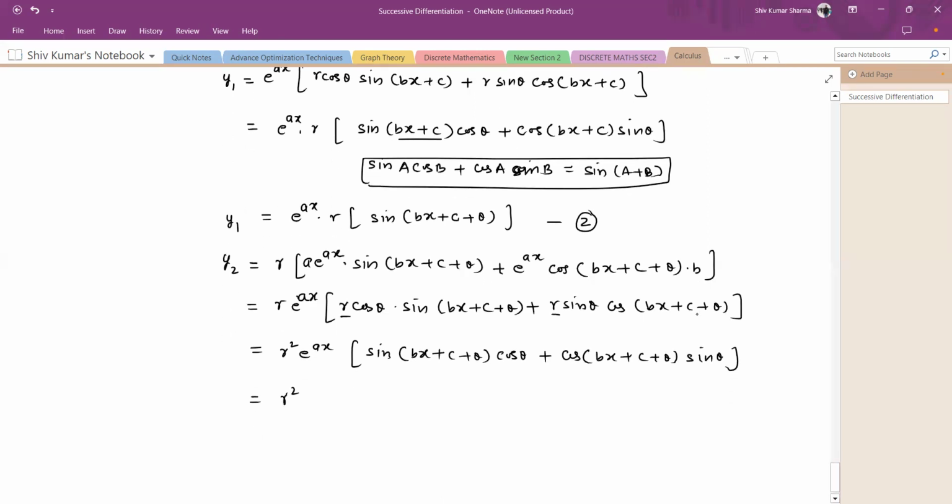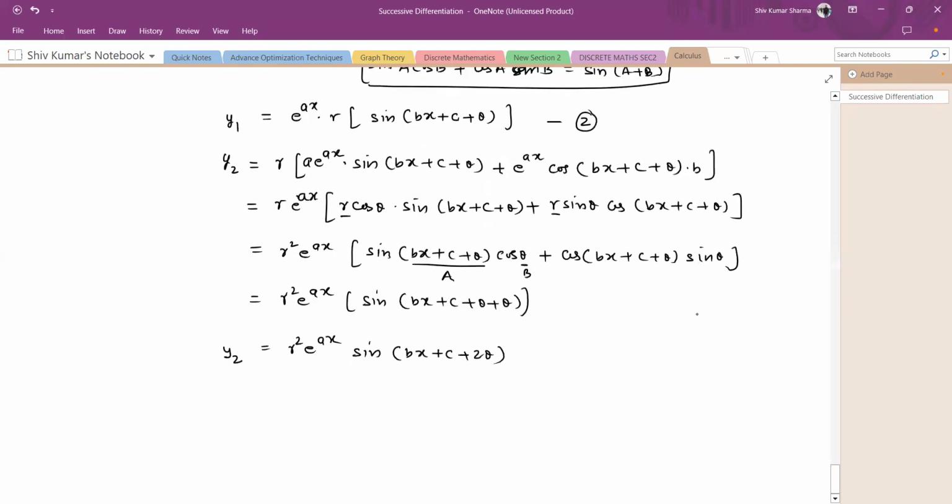So this can be written as r square e raised to the power ax into sine(bx + c + theta + theta). Okay, so this is our a and this theta is our b. So we write this as r square e raised to the power ax into sine(bx + c + 2 theta).